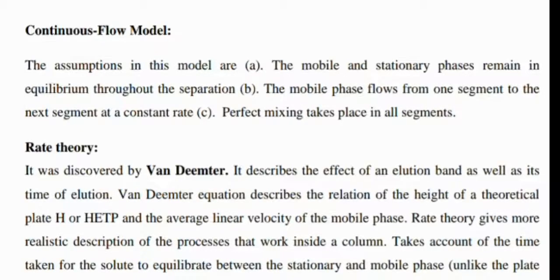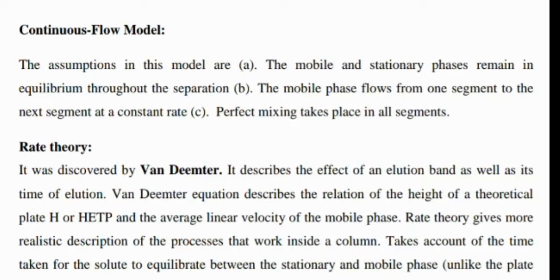So our second and last theory is the rate theory. It was discovered by Van Deemter. It describes the effect on an elution band as well as its time of elution. The Van Deemter equation describes the relation between the height of a theoretical plate, H or HETP, and the average linear velocity of the mobile phase.